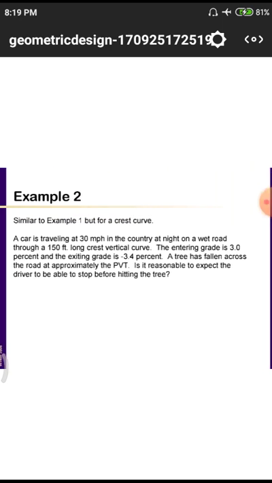The second example is similar, but with a crest curve. A car is traveling at 30 miles per hour in the country at night on a wet road, which means the road surface also changes.